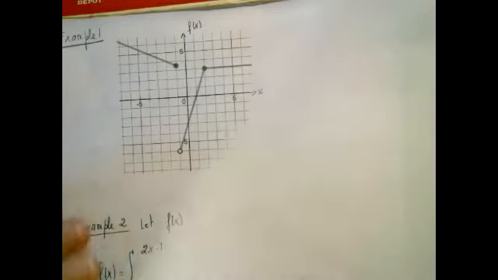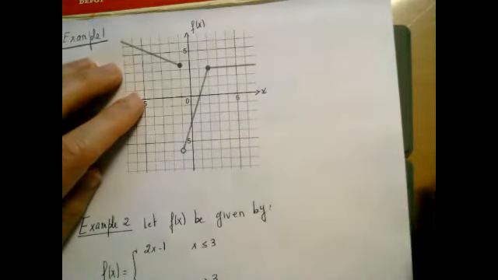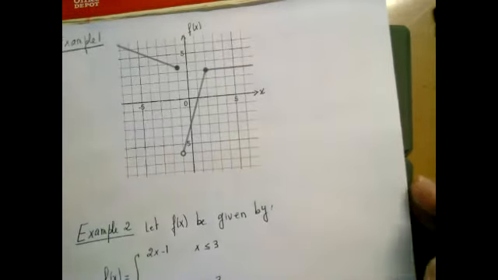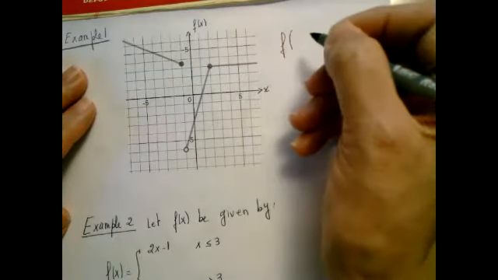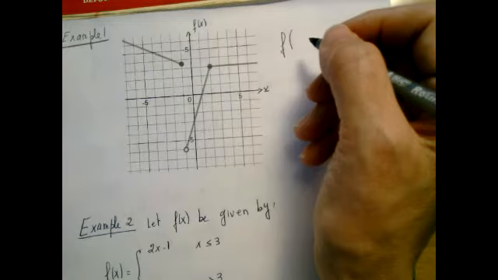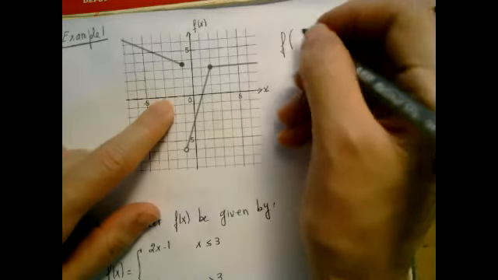It's not like one graph. It's really kind of pieces. Let us at least familiarize ourselves with how to read this. I'm going to ask you simple questions. I hope this graph is clear for you. Very simple question. What is f of, anything actually. Let us say, what is f of minus 2?